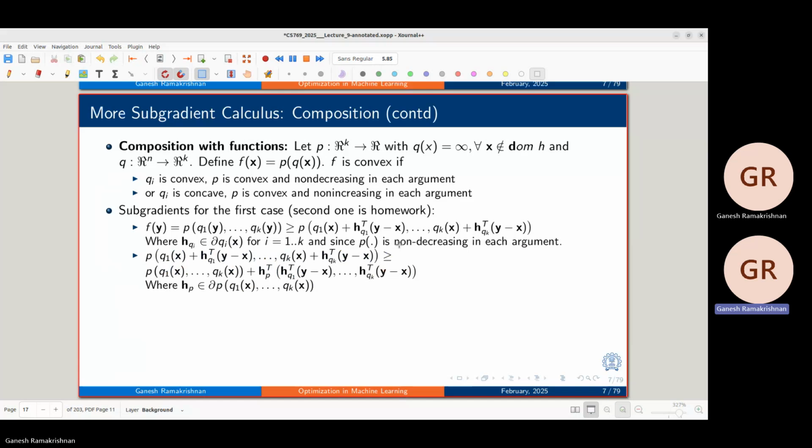So just keep the dimensions in mind. HP is in RK, each HQI is in Rn. So this should somehow make it Rn. That's another syntactic check, not a semantic check.